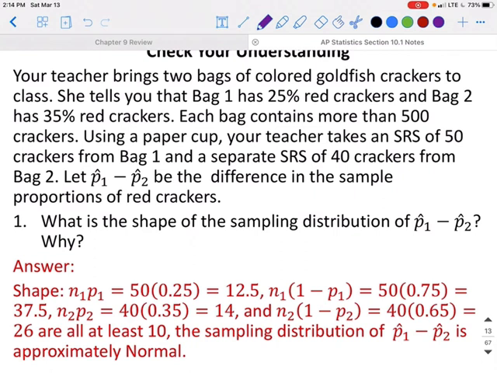So for population 1, the number of successes is 12.5, the number of failures is 37.5. For group 2, the number of successes is 14, and the number of failures is 26. All of those values are at least 10, so the sampling distribution of p hat 1 minus p hat 2 would also be approximately normal.